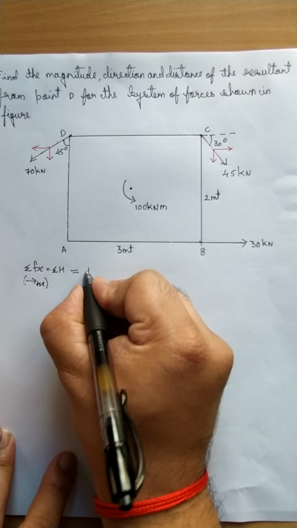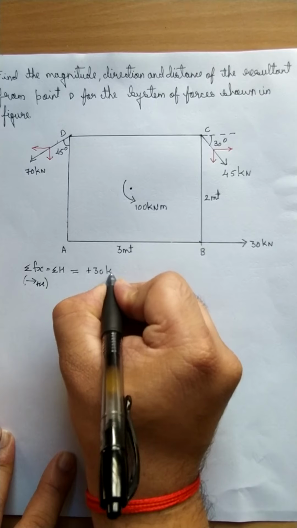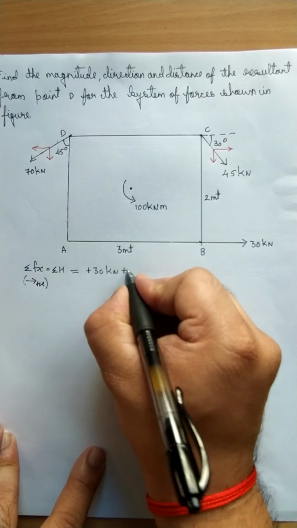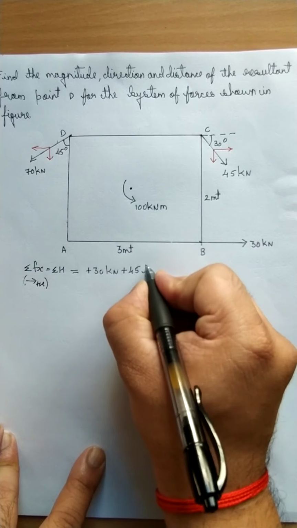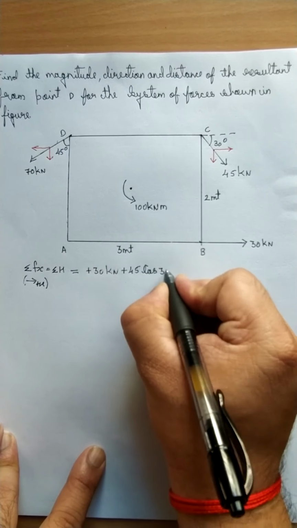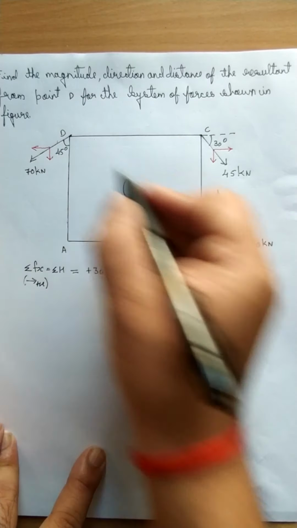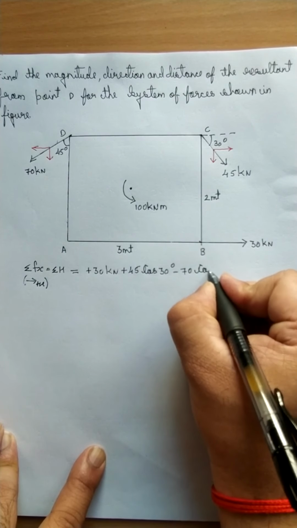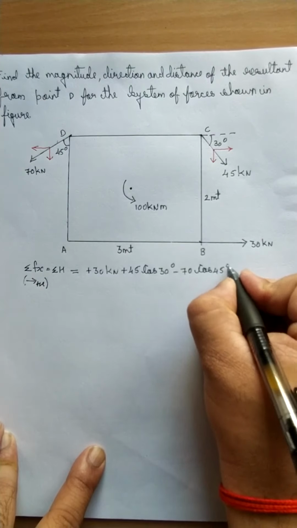So we have first plus 30 kilonewton, it is going forward. Then this is also positive, so this will be 45 cos 30 degrees. This is negative, so minus 70 cos 45 degrees.